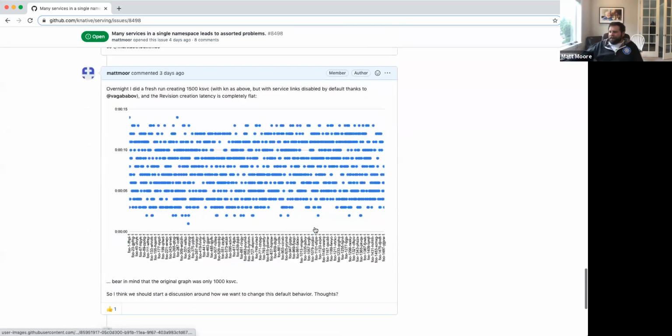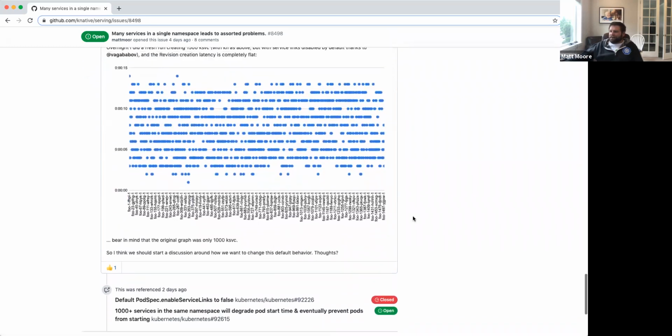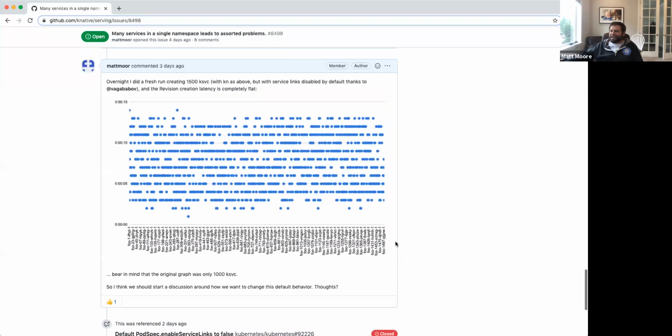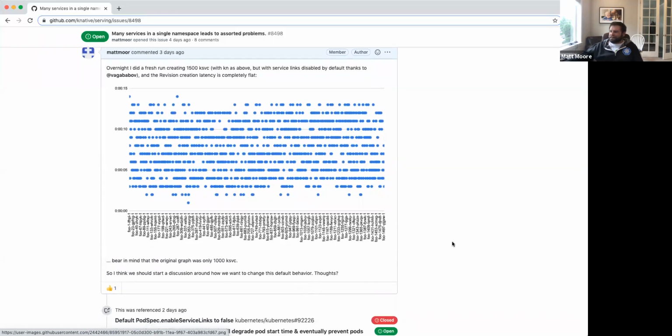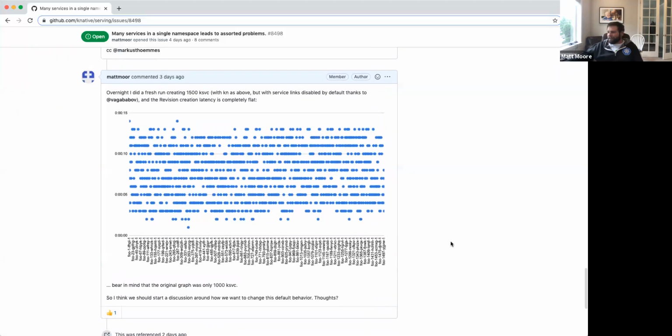No, so I pushed it up to 1500 after it all worked, and we opened some issues against Kubernetes because this isn't specific to what we're doing. This just has to do with cramming a ton of stuff into a particular namespace, and Kubernetes itself.